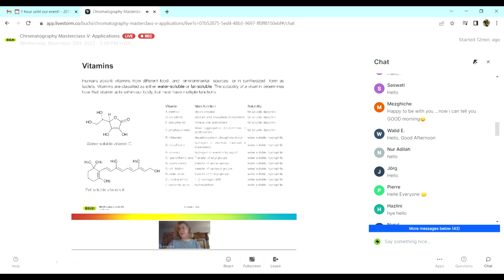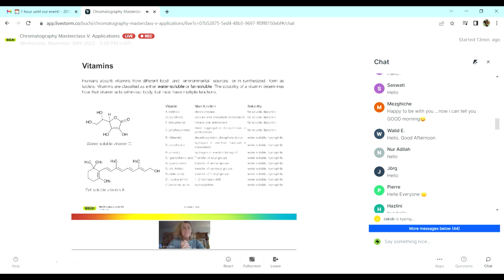Okay, and now we already come to the next topic. These are the vitamins. Vitamins are essential nutrients which are needed for the proper function of an organism's metabolism. So, for example, they help to heal wounds, or they boost our immune system and more.